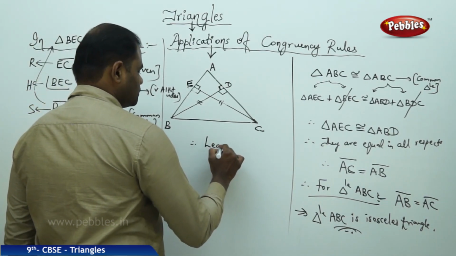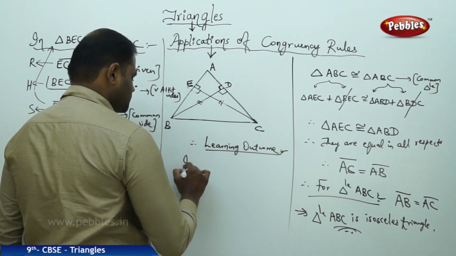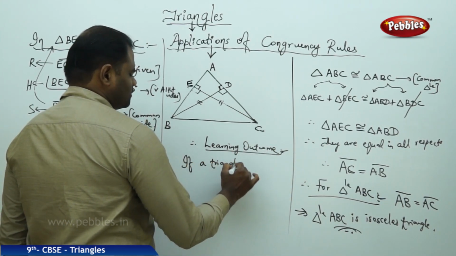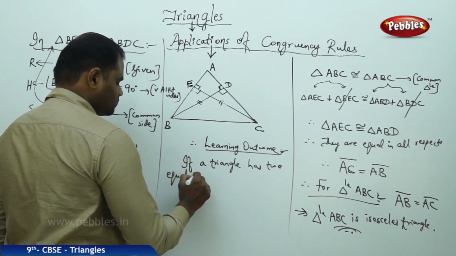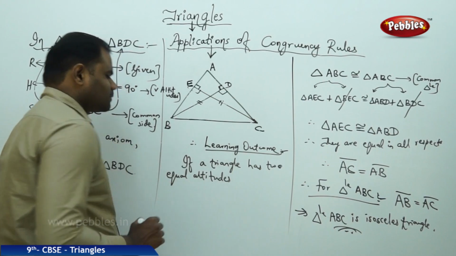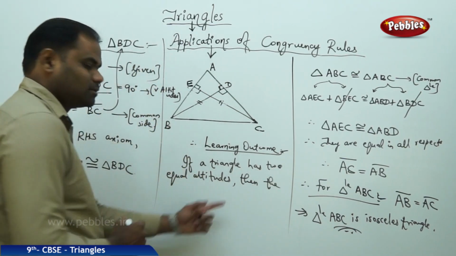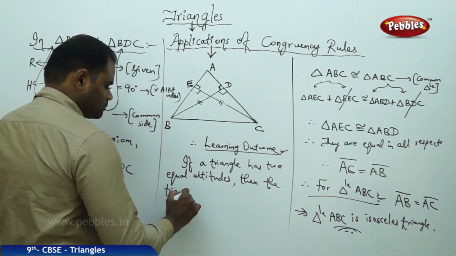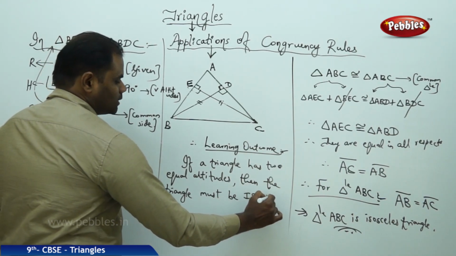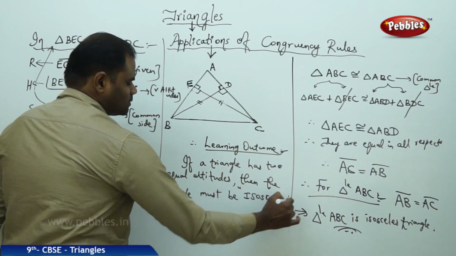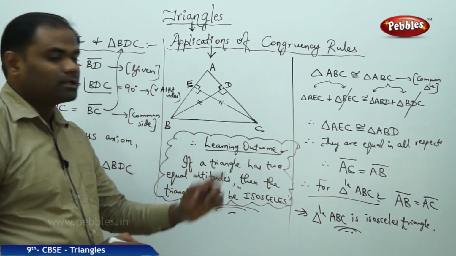Therefore, my learning outcome here is that if a triangle has two equal altitudes, then the triangle must be isosceles, is how I understand the learning outcome.